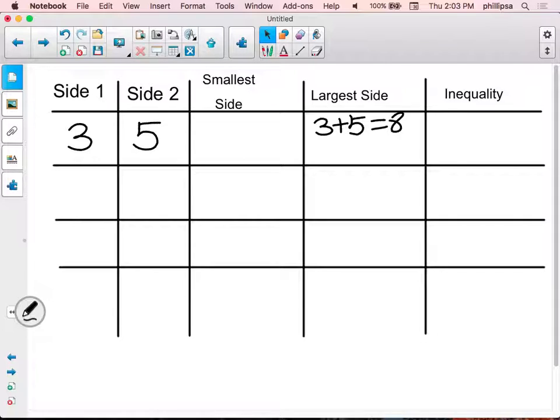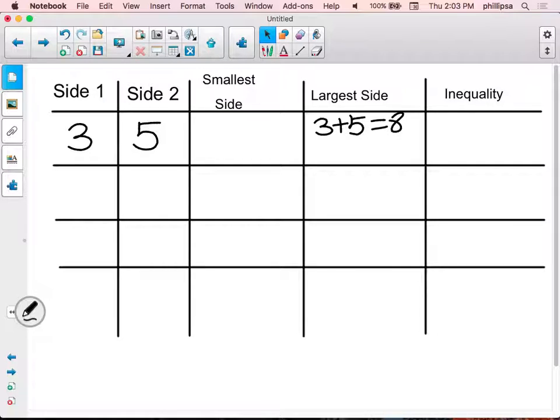It could be 7, it could be 6, it could be 5. It can't be 8. Can it be 7.5? Yes, because 7.5 is less than 8. Can it be 7.75? Can it be 7.99999? Yes, it can, because it's less than 8.